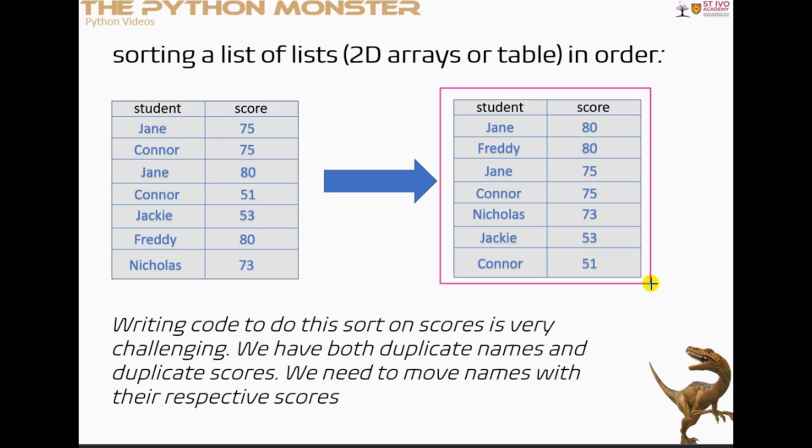It's not so bad if we had unique scores and unique students, but when we have duplicate values, it makes it quite challenging. So writing the code to do this is challenging. Mainly because we have duplicates, and we also, of course, might want the liberty of being able to sort on either the string, which is the student name, or the score, which could, of course, be a string or an integer. So it all gets very, very complicated.